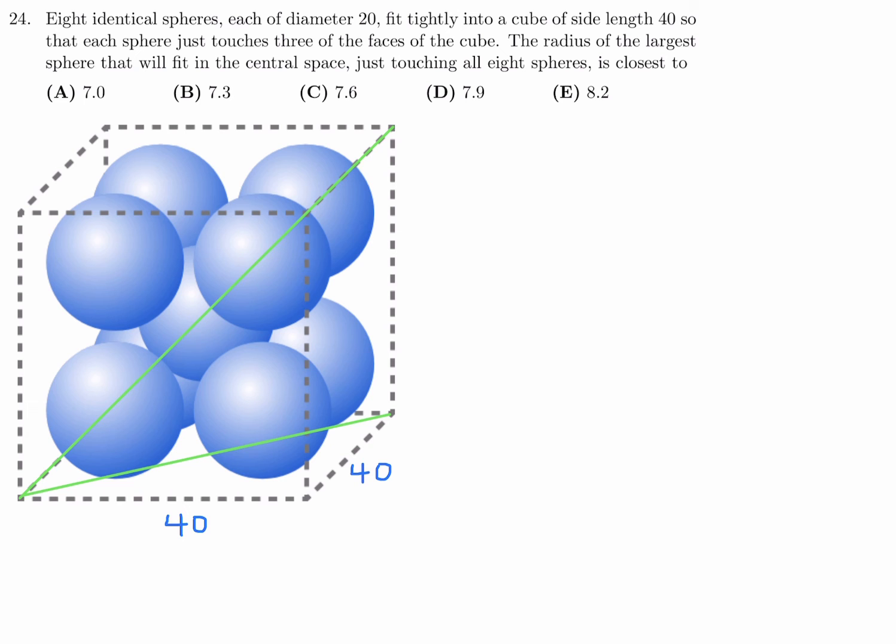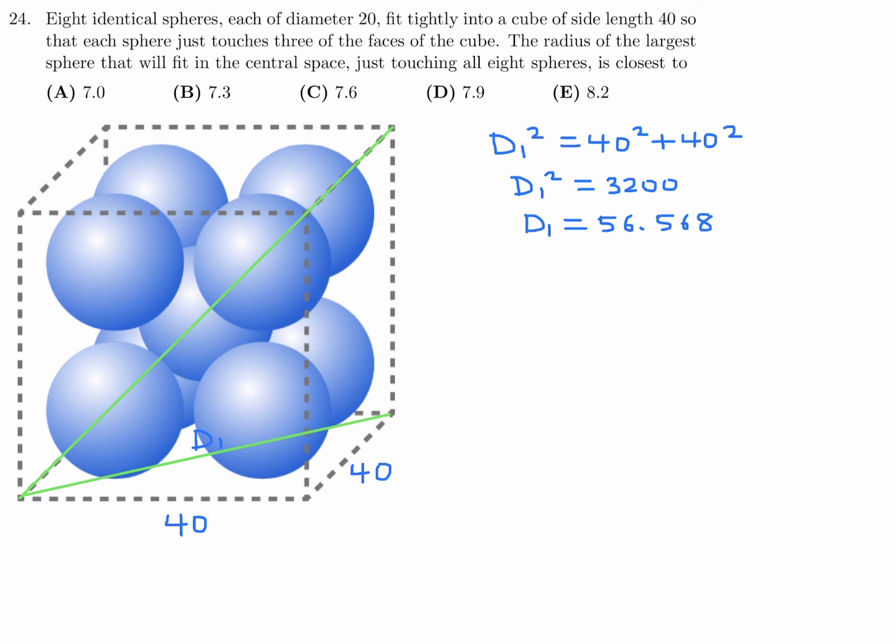So I can easily figure out this length. I'll just call it D1. So D1 squared is 40 squared plus 40 squared. Therefore D1 squared is equal to 3200, and if you take the square root, D1 is approximately 56.568.